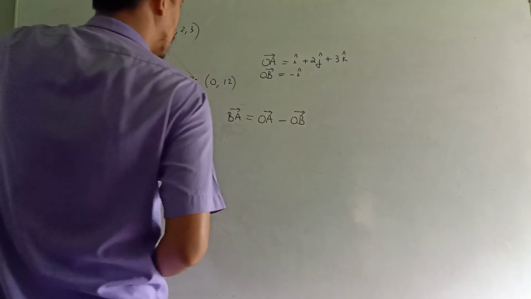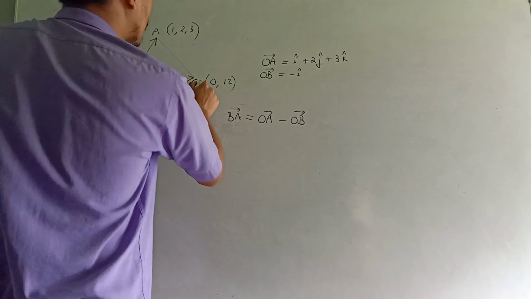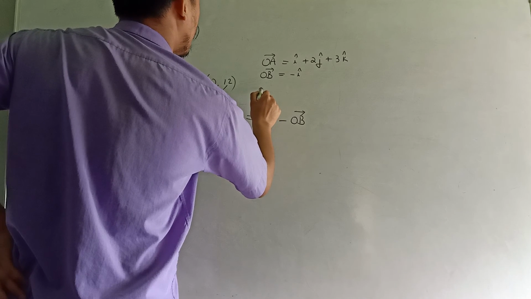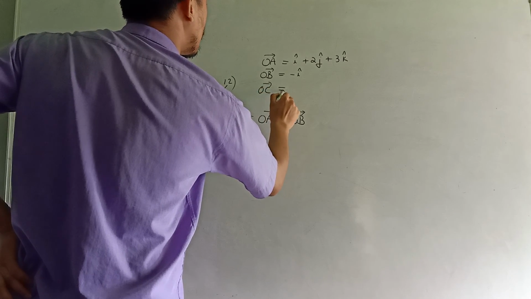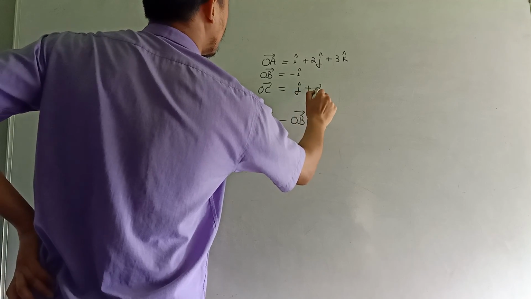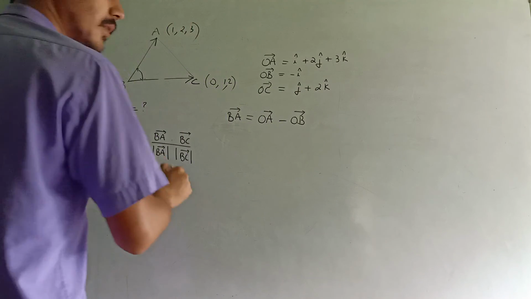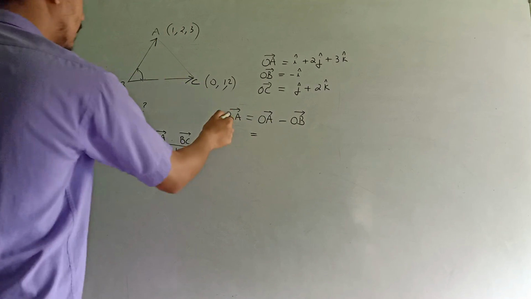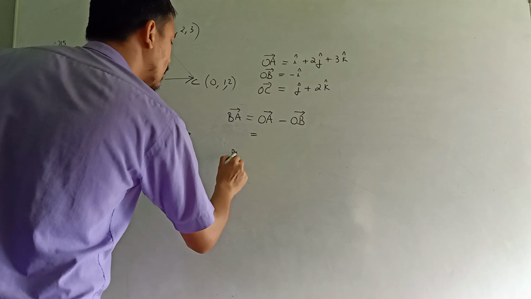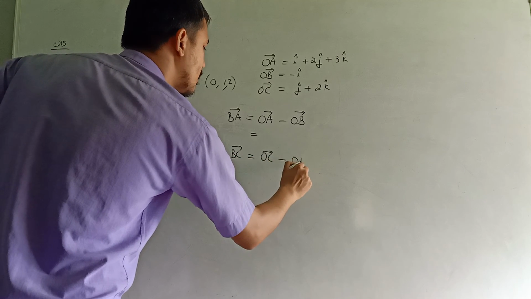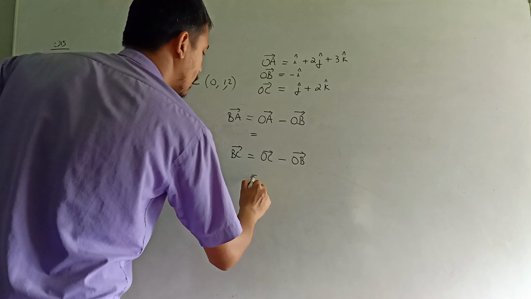And if the coordinate of C is 0, 1, 2, then the position vector of C, vector OC, will be 0 i cap plus j cap plus 2 k cap. Is it okay? So knowing the position vectors, you can find out vector BA and BC. Vector BC means position vector of C minus position vector of B.